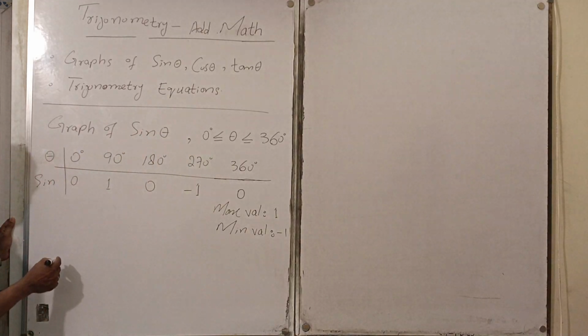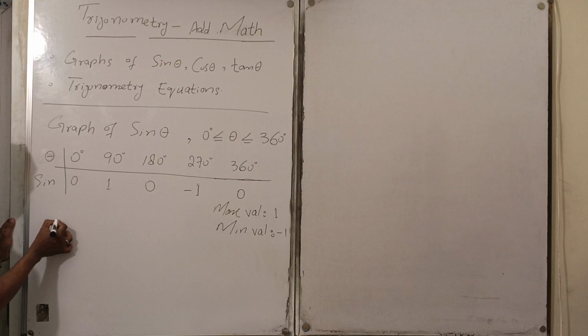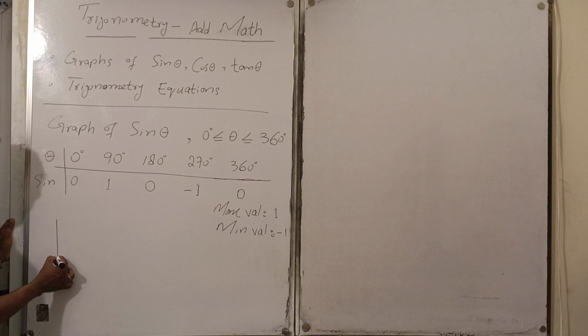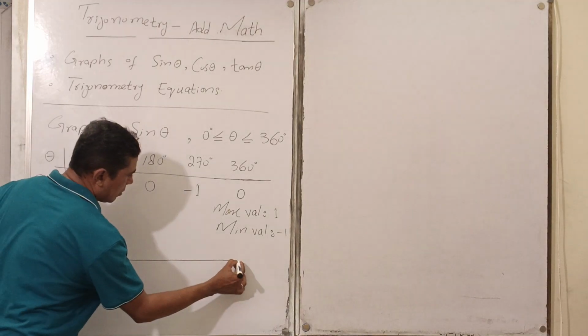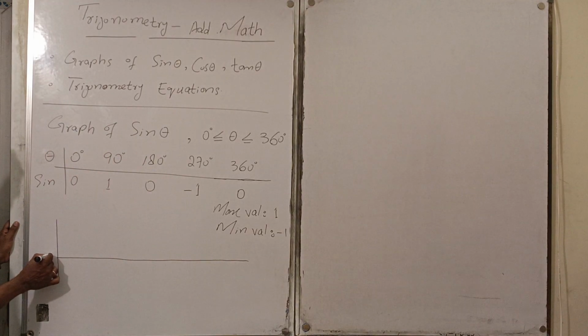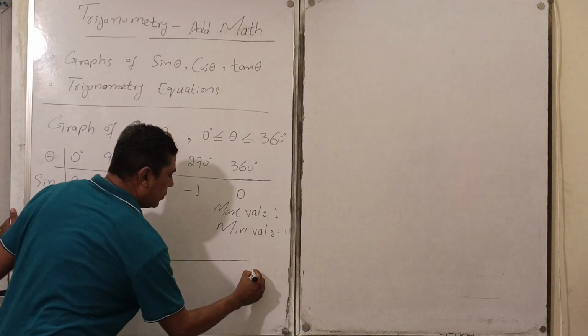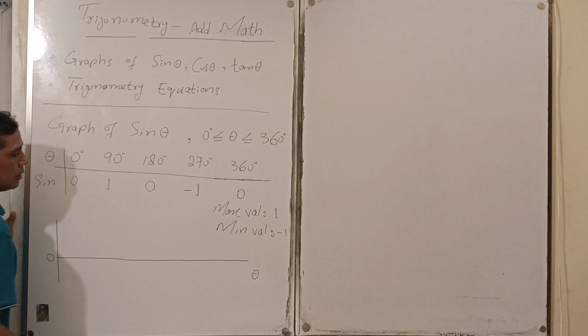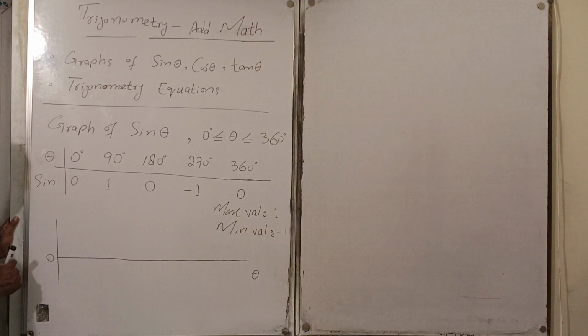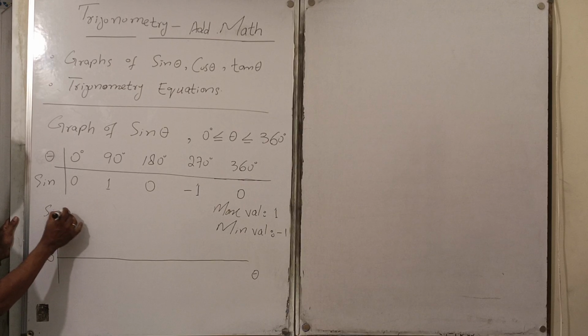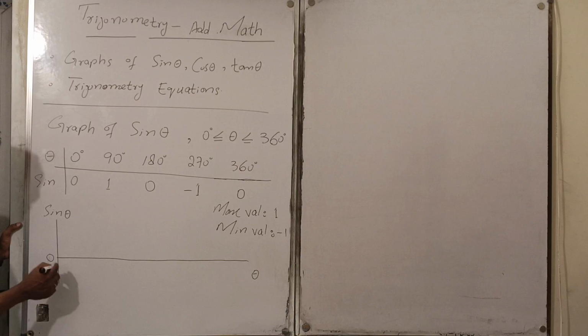Now that we have the min value and max value, we can plot a graph. These are the values of theta, the angles, and this is the value of sine theta. Put the values: this one is 1 and this one is -1.